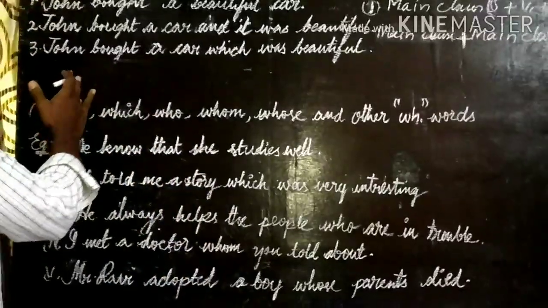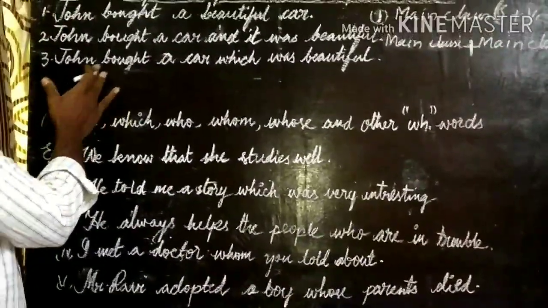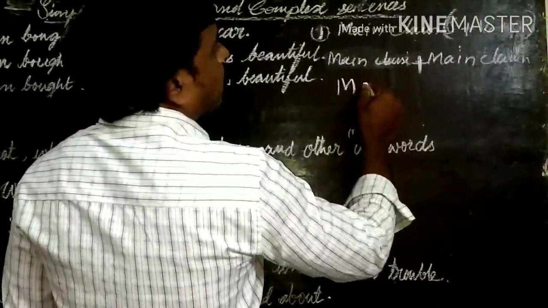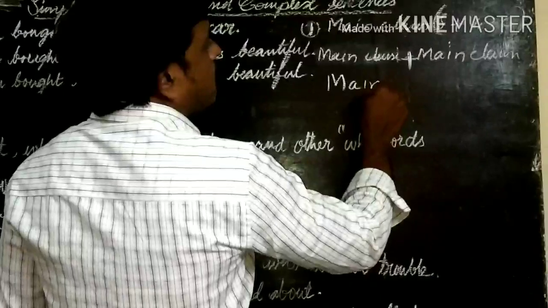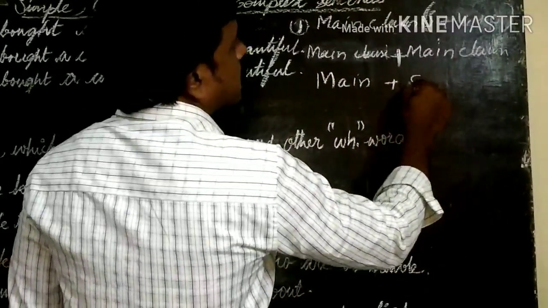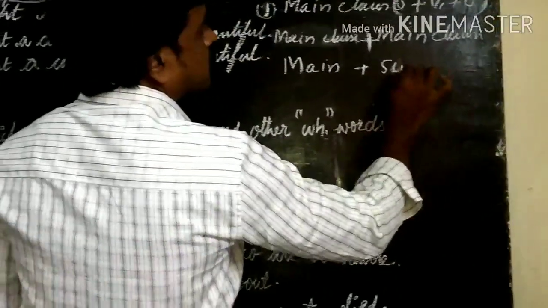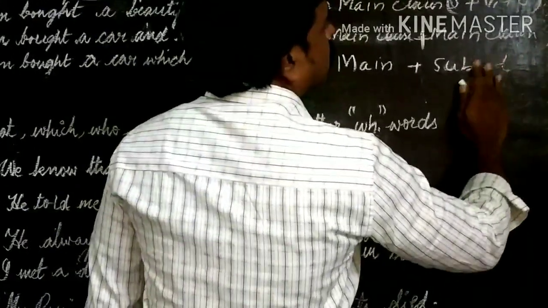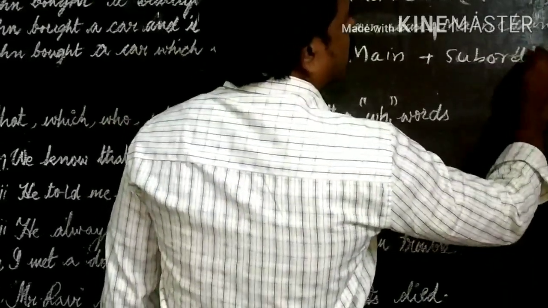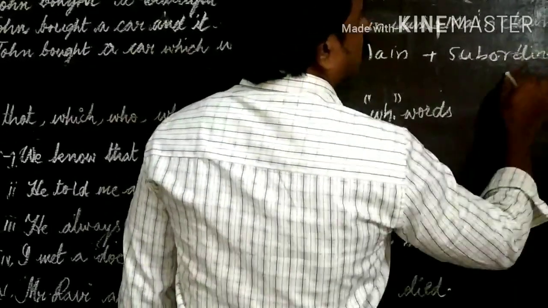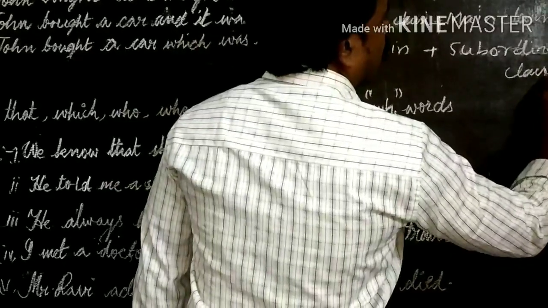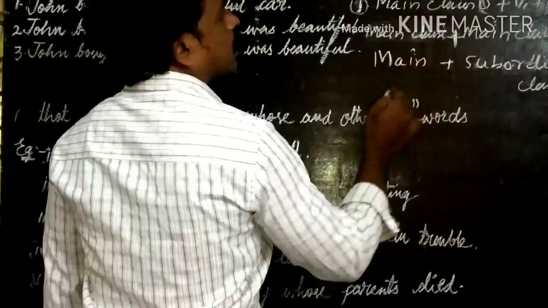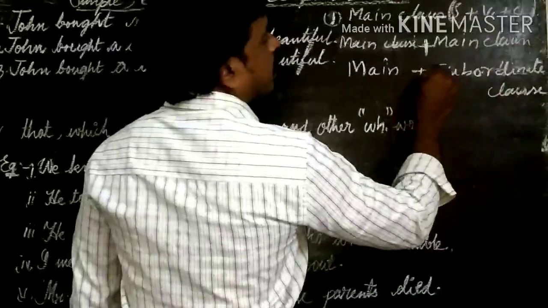Now this is the time for the discussion of the complex sentence. A complex sentence is formed by one main clause plus a subordinate clause.